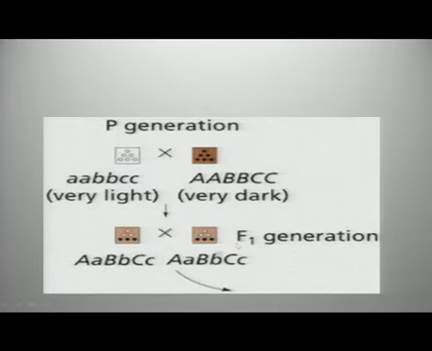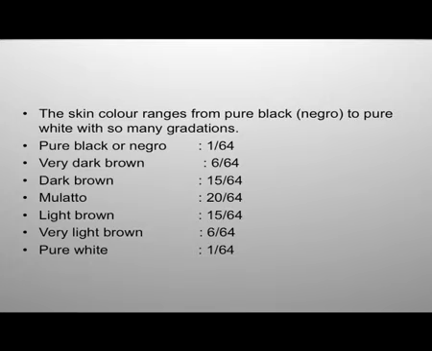In the F1 generation, we will get only 3 dominant genes and 3 recessive genes. So, the intensity of the skin color will be intermediate between both the parents, and the phenotype we will call mulattoes.